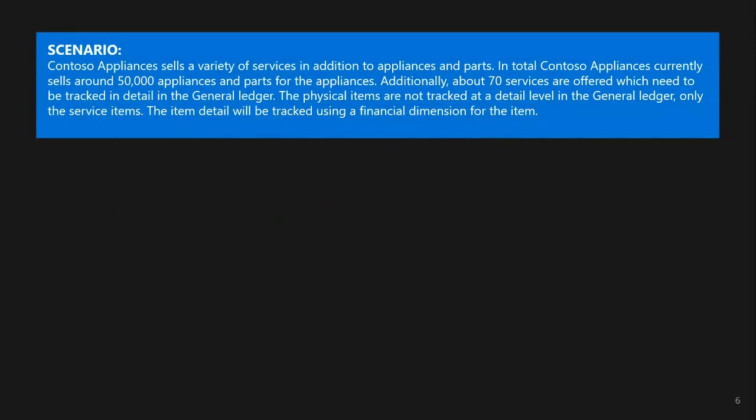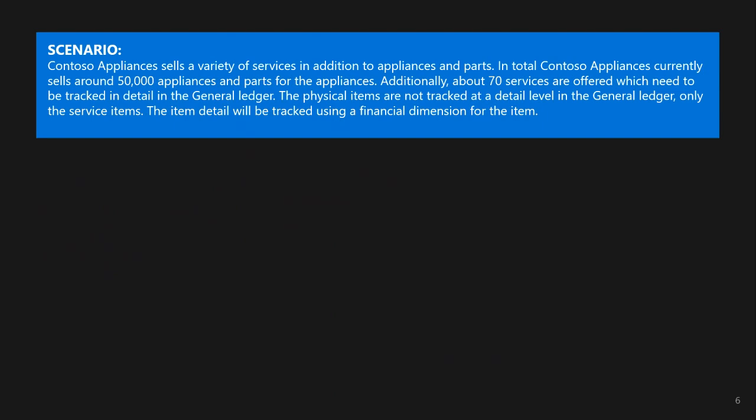Contoso Appliances sells a variety of services in addition to appliances and parts. In total, Contoso Appliances currently sells around 50,000 appliances and parts for the appliances. That's 50,000 items. Additionally, about 70 services are offered which need to be tracked in detail in the general ledger.